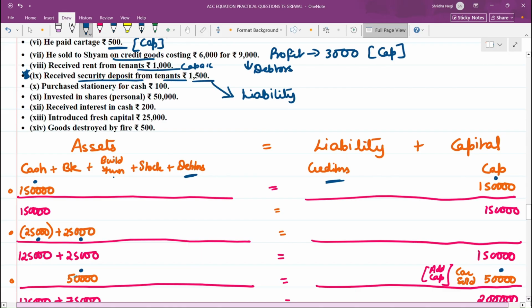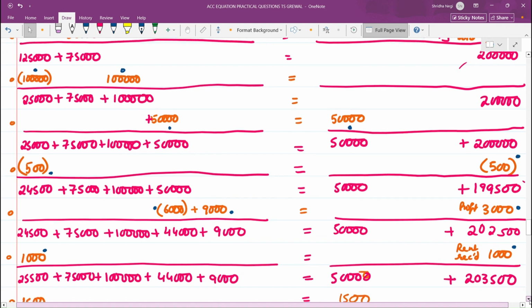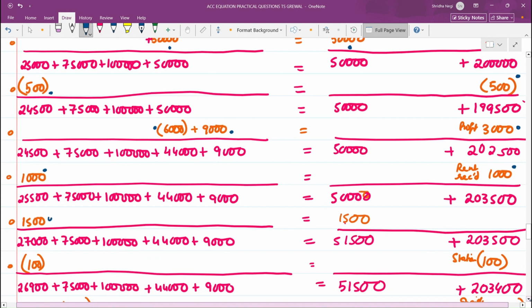So your cash will increase by 1,500, and at the same time your liability, that is your creditors, will also increase by 1,500. So 50,000 plus 1,500, that is 51,500, will be your liability.